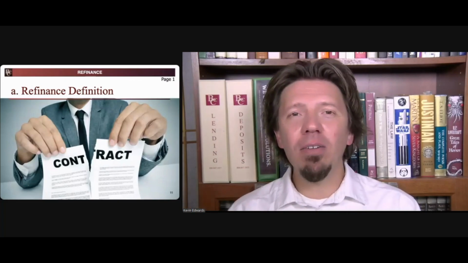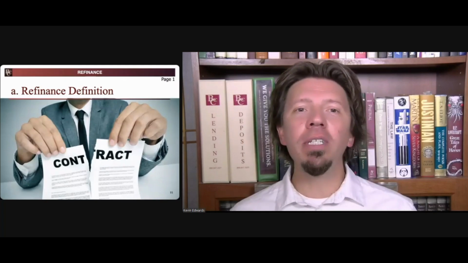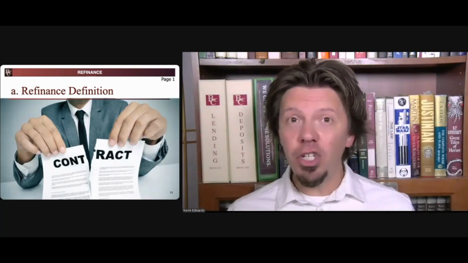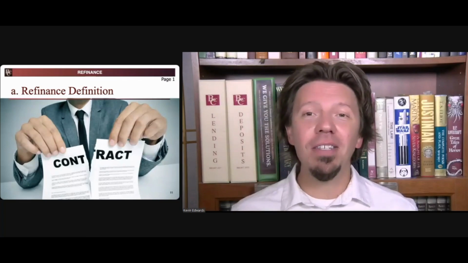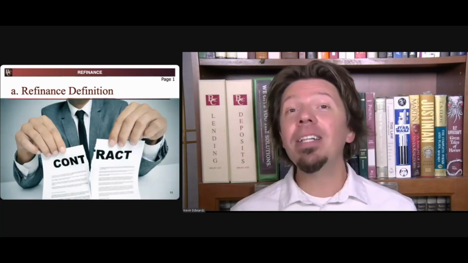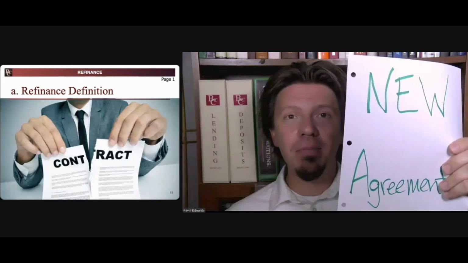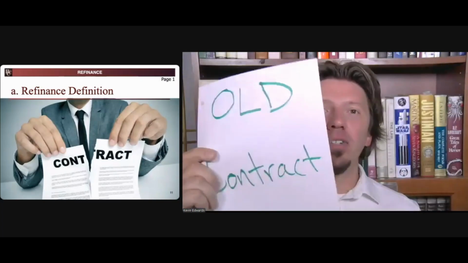Okay, so let's break that down. You have your old contract, the contract that's in place, but something's changed. So the question is, what are we doing here? In some cases, you have your old contract and then you have a new agreement, and the old contract isn't going away.